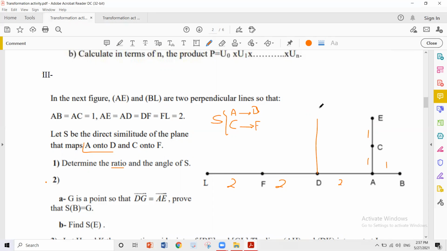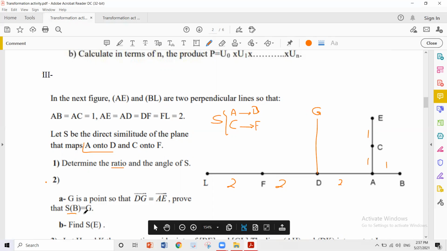How to show that S of B equals G? How to prove that the similitude of B equals G? Which point do you use with B?